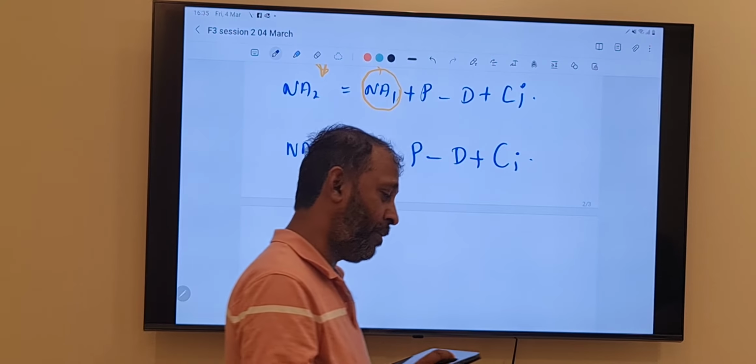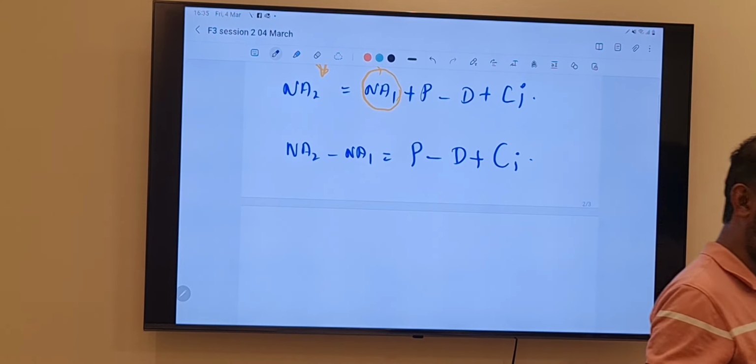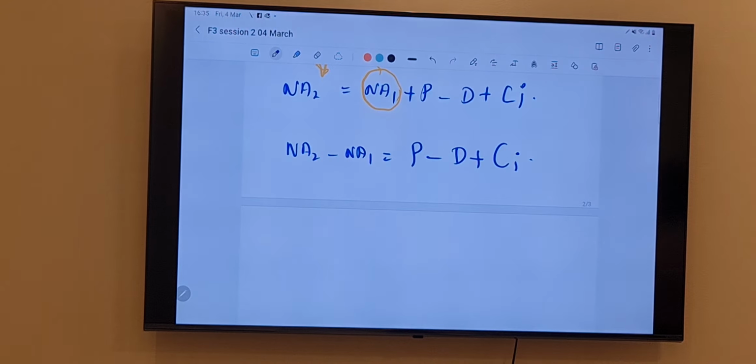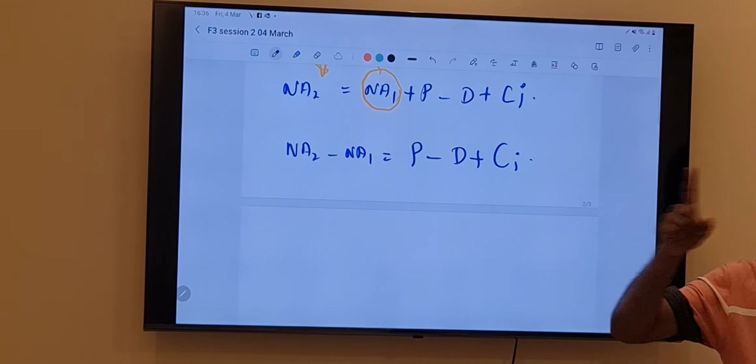Now, please tell me the meaning of NA2. NA2 is the total assets minus the total liability on which date? If I give you a date, 1st of January, 31st December. Total asset minus total liability of which date is NA2? 31st December.